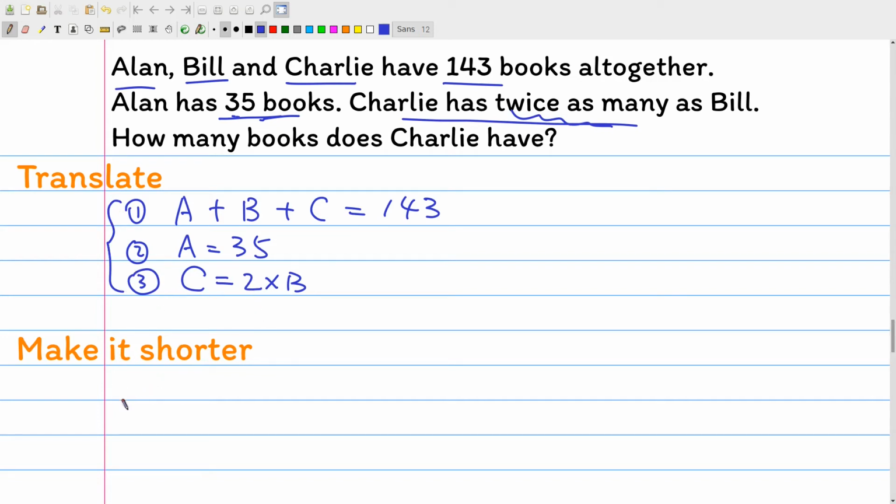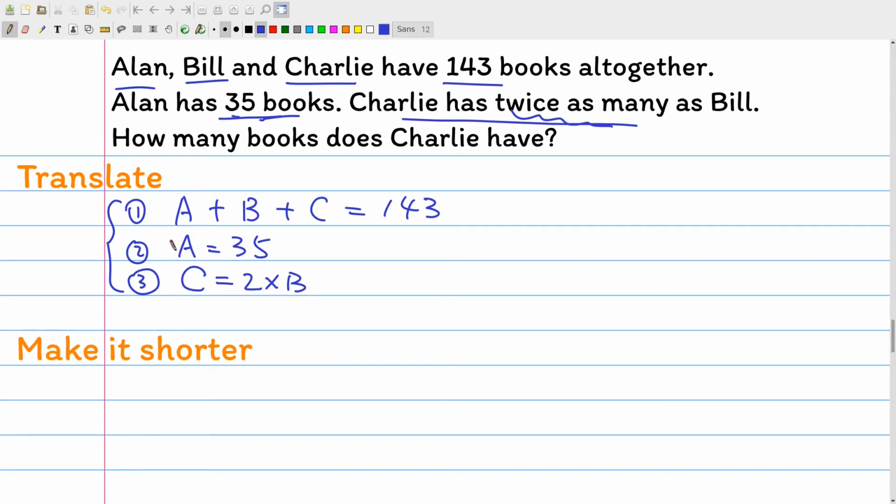Now we move to the second part, make it shorter. How do we do that? We know from the second sentence that A equals 35. Alan has 35 books, right?